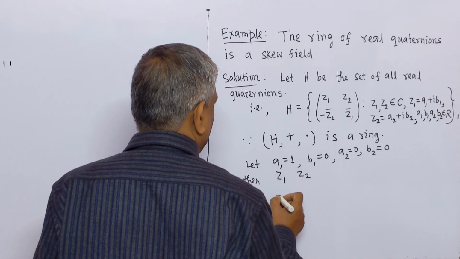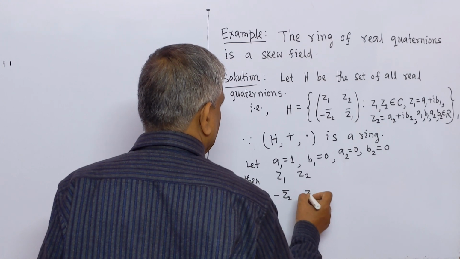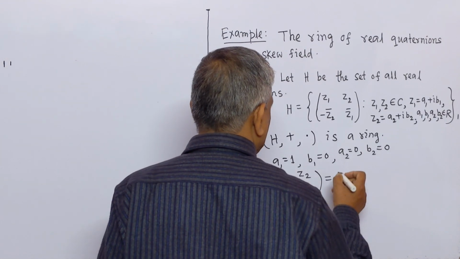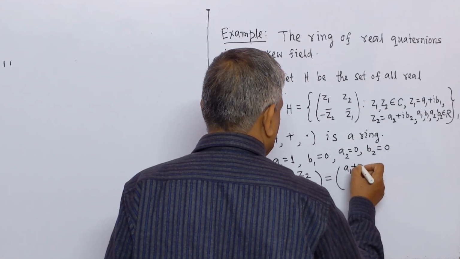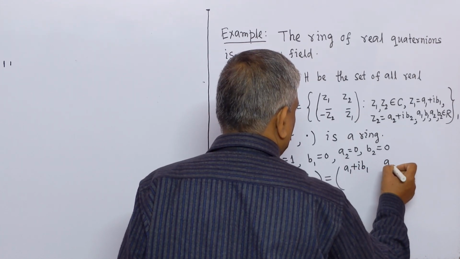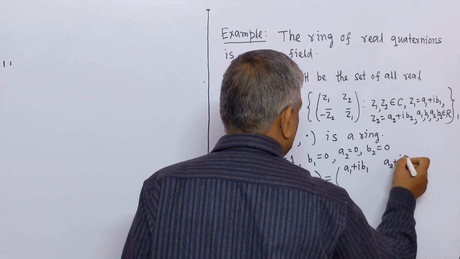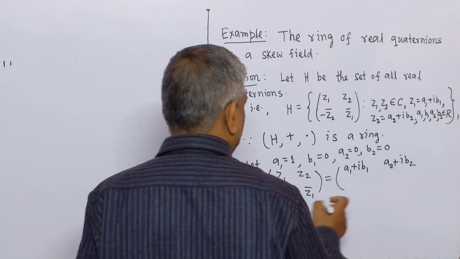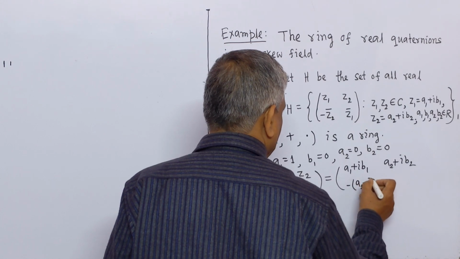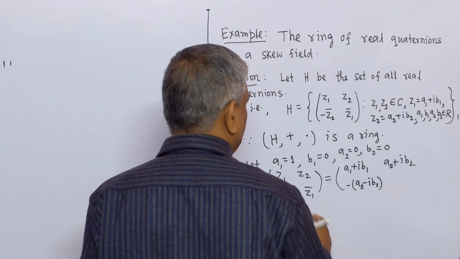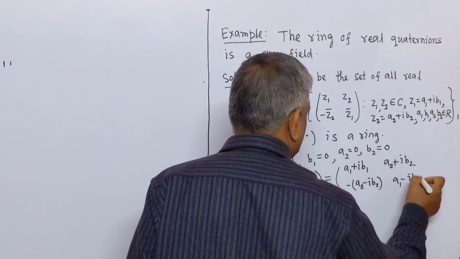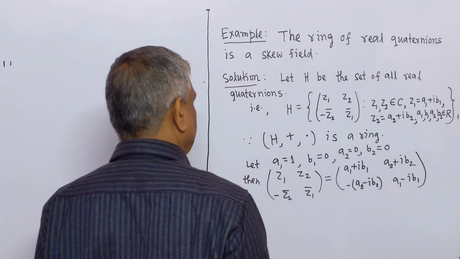Then the matrix Z1, Z2, minus Z2 bar, Z1 bar, where Z1 = A1 + iB1, Z2 = A2 + iB2, minus Z2 bar is minus A2 + iB2 conjugate, Z1 bar is A1 minus iB1. Bar means conjugate.